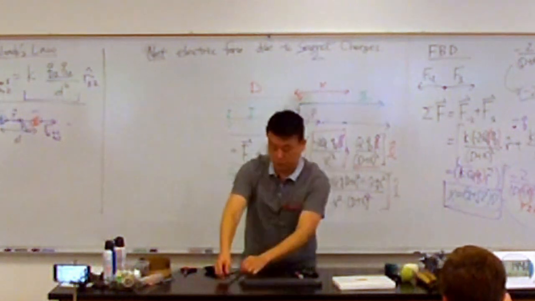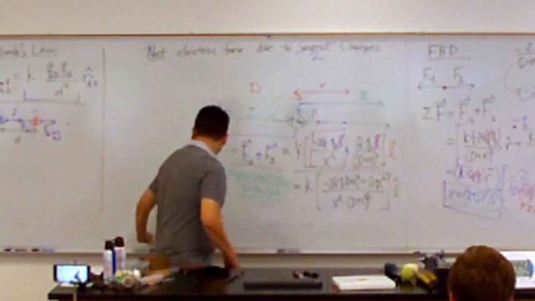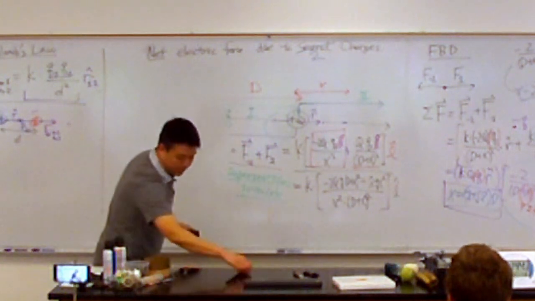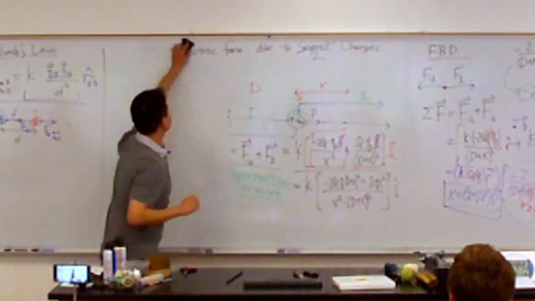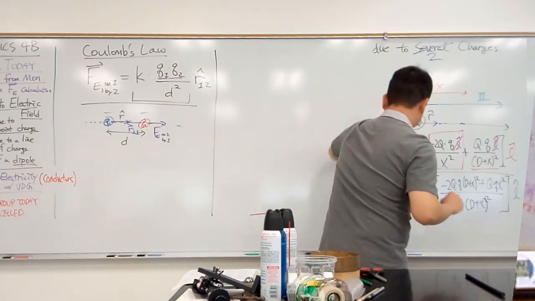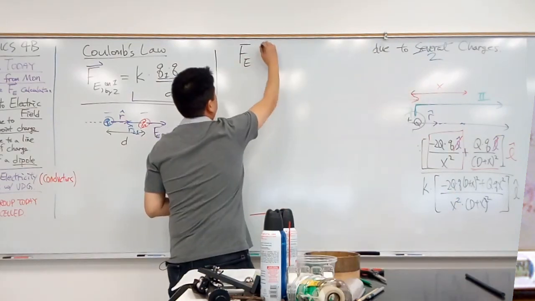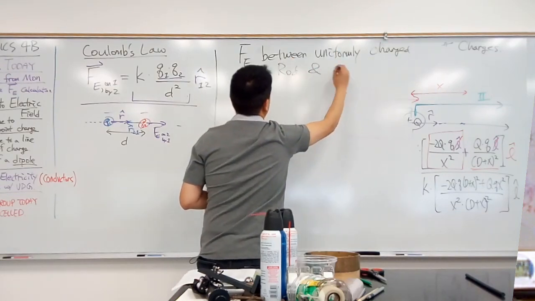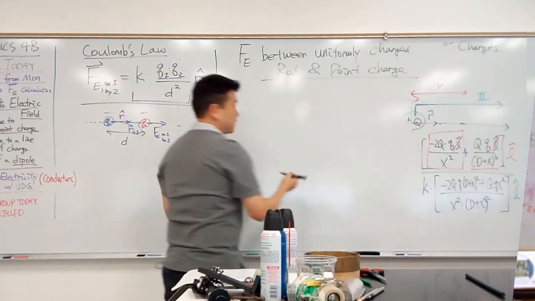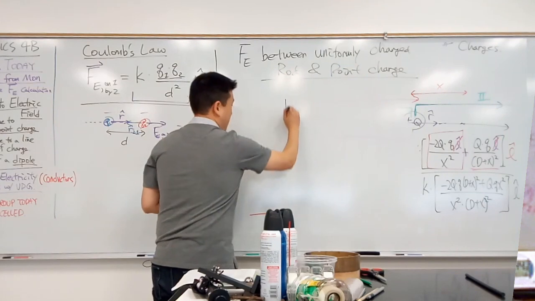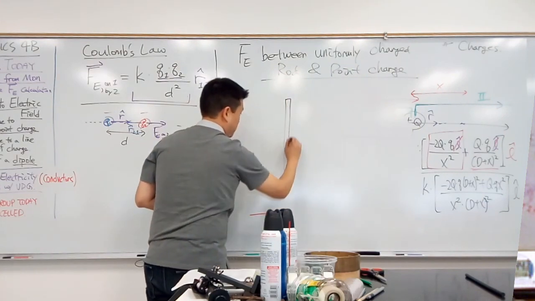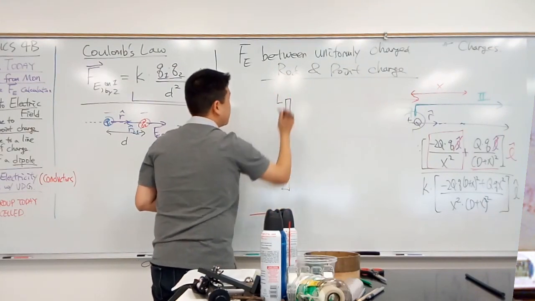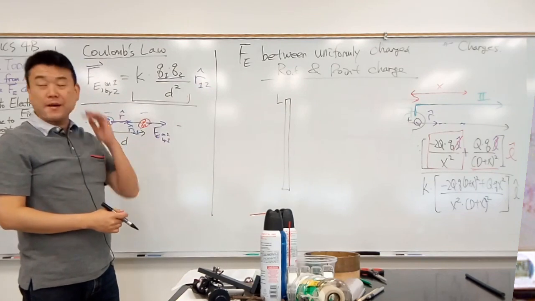Good? So let me draw the picture here so I have something to refer to. Let me call this the force between a uniformly charged rod and a point charge. So this is the geometry. I have a rod of length L. And let me make this easy for myself this time.